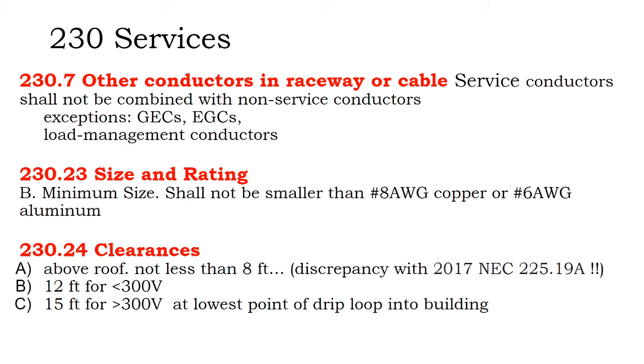Service conductors should not be combined with non-service conductors. What that means is your on-site power system circuits should not be combined with your load circuits. Now it's like, well, wait a minute.